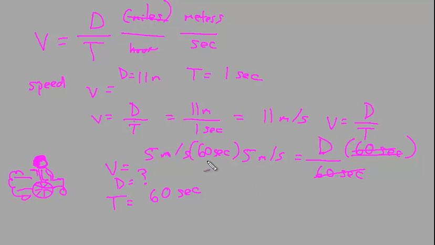And so what we have is 60 seconds times, I'm going to write this a little different, 5 meters per 1 second. You'll see why I do this in a second. No play on words there. The seconds cancel out, right? Because they were on top and bottom, so we can cancel those out.